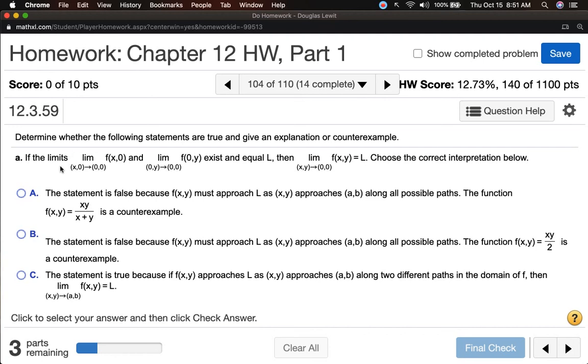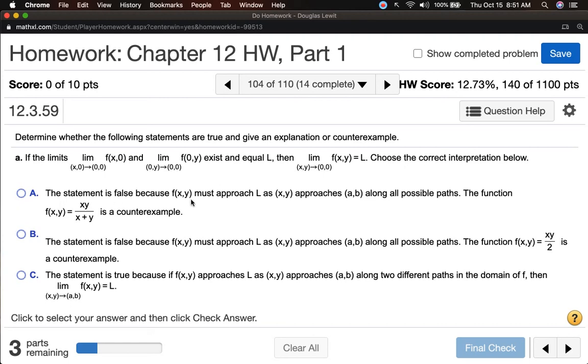Part A, if the limit as x, y goes to 0, 0 of f of x, 0 and the limit as y goes to 0, 0 of f of 0, y exist and equal L, then we know that this limit exists. Choose the correct interpretation below. Well, I can tell you the answer is false, so it's either going to be A or B.